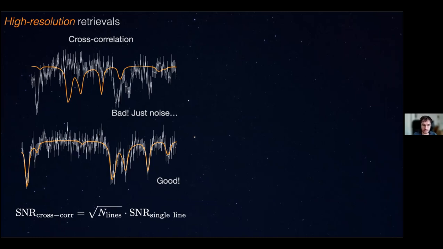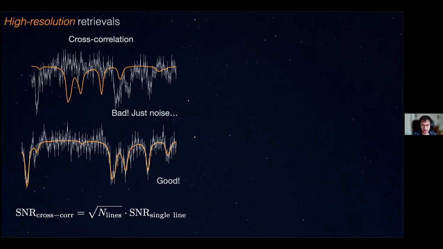But if you have 100 lines, your signal to noise of detecting a certain species all of a sudden is 6, so you can detect carbon monoxide, say, at a signal to noise of 6. And it's also quite unique potentially because these line positions for different molecules are quite unique. So it's more or less like a fingerprint analysis. Do I really see the lines of this species?